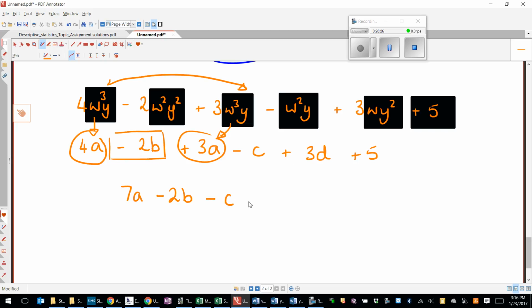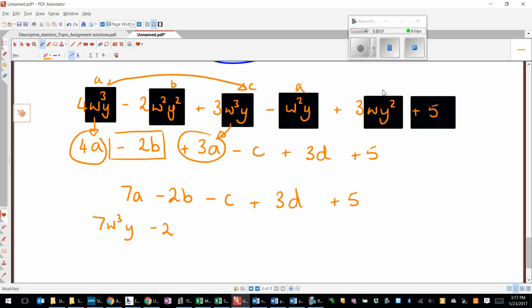Now, if we're going to do that, we've got to be careful, and then plus 5. We've got to be careful we put the right things back in place. So what is it instead of an A? It would be a 7w cubed y, minus 2. So this was an A, this was a B, this was a C, this was another A, that was the minus 2w.